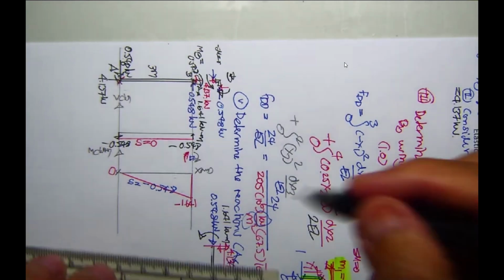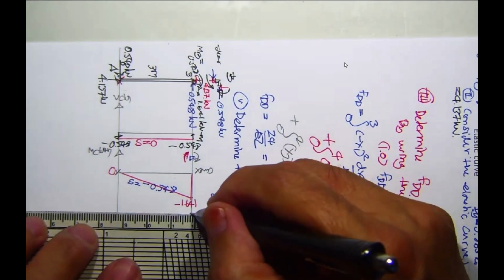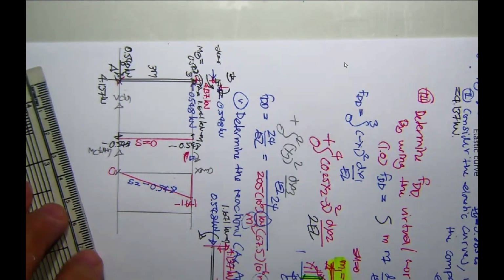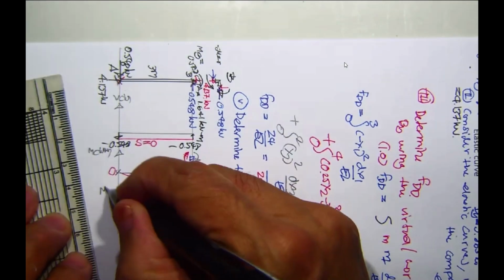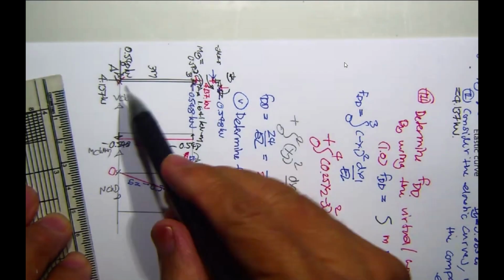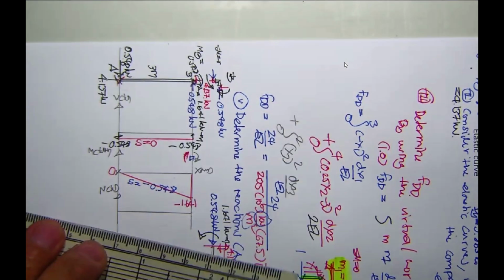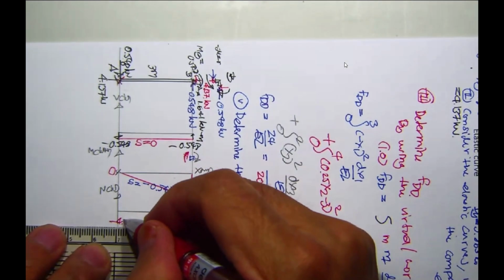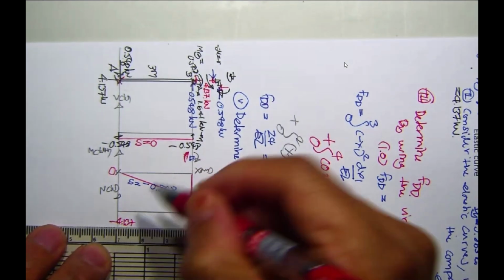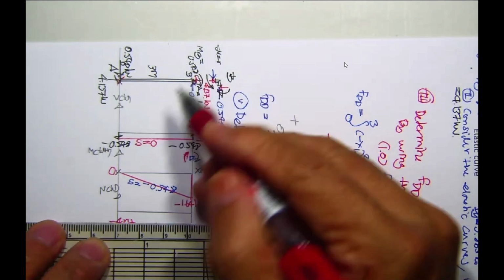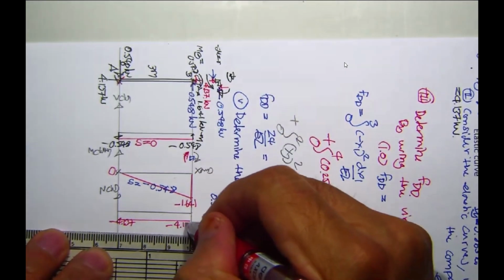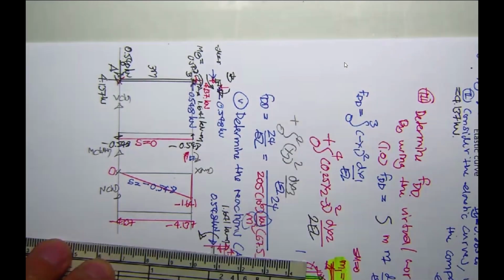And then the last one, we have the normal force N, kilonewton, compression, minus 4.137, and until here constant minus 4.137.